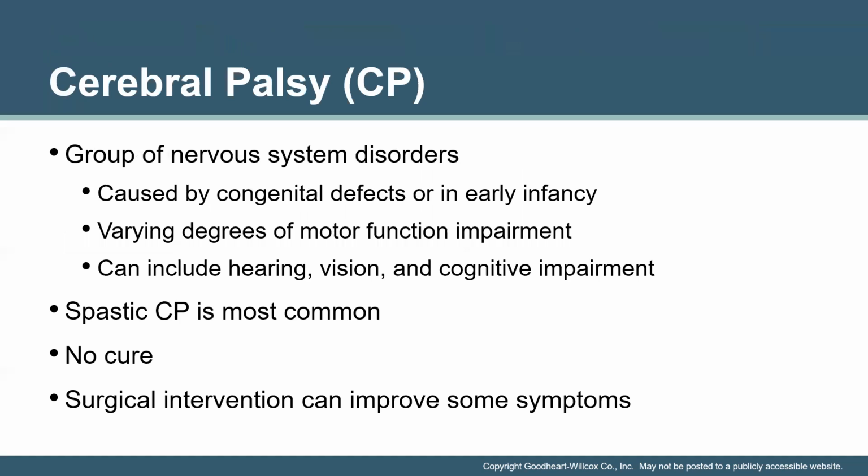Okay, cerebral palsy. This is a group of nervous system disorders that's caused by damage to the brain before or during birth, we classify it as a congenital defect. It will have abnormal shape or structure, damage to cells and tissue.